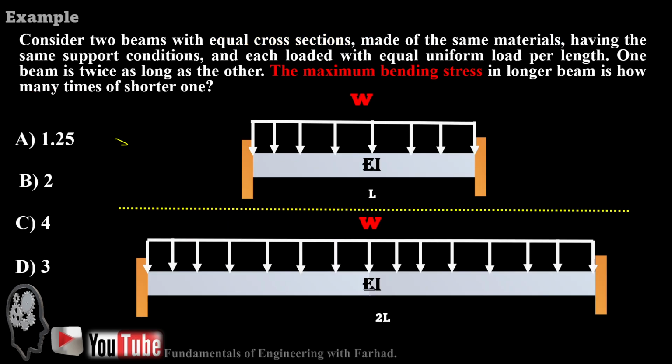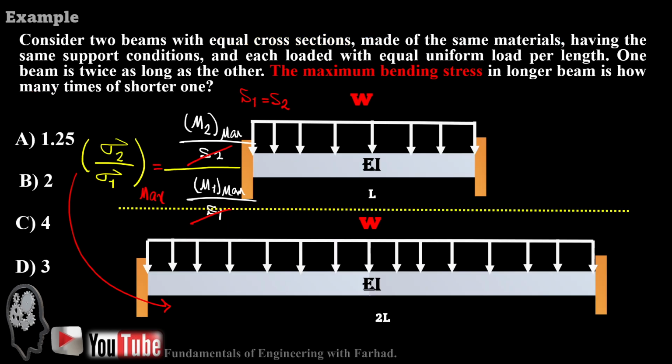In that sense, sigma 2 over sigma 1 maximum is equal to M2 maximum over S2, divided by M1 maximum over S1.